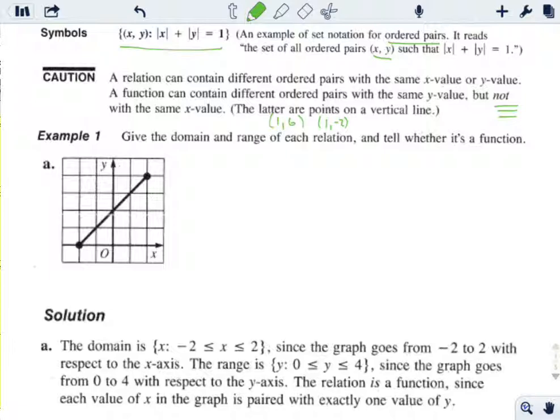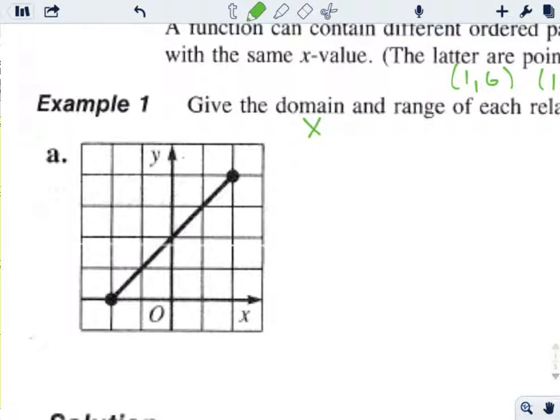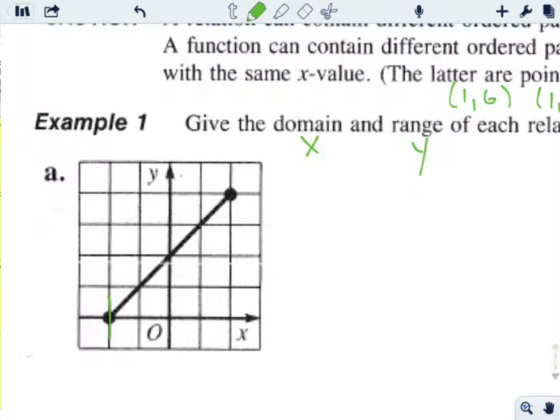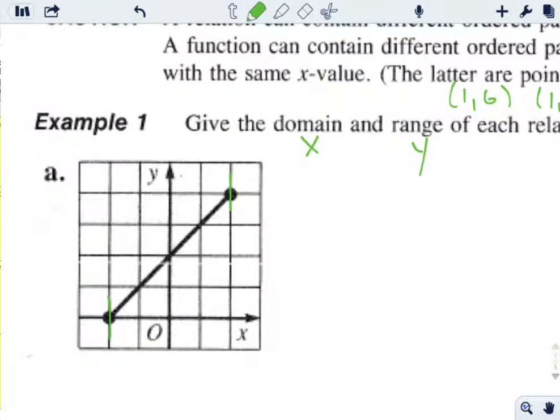Okay, now let's look at example 1. It's the first type of problem we have. Remember, the domain is the x, the range is the y. So let's look at the x goes from here to here. That's -2, that's +2.